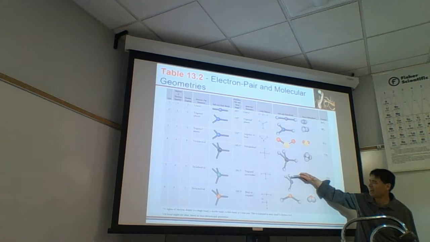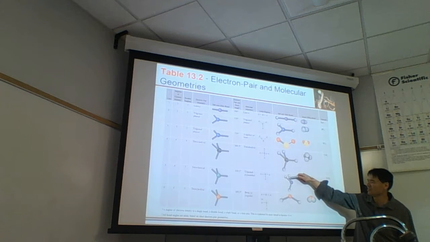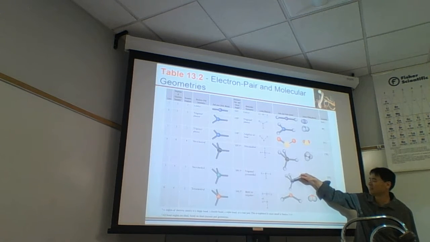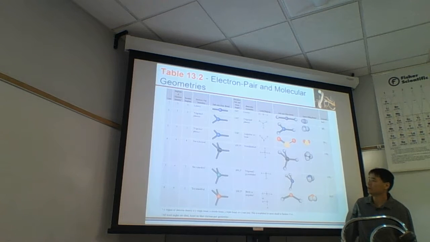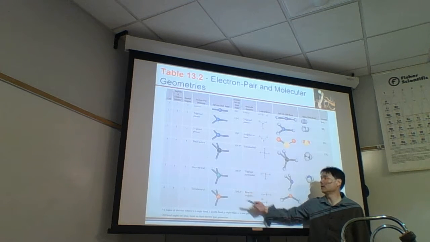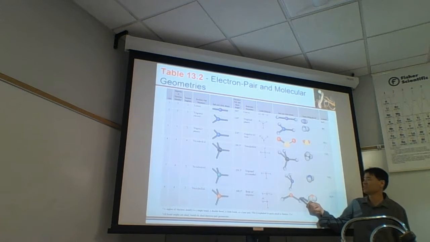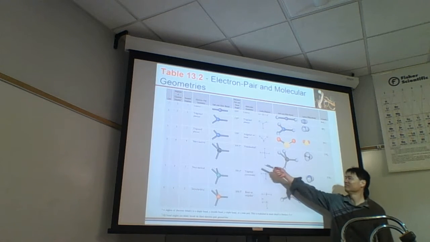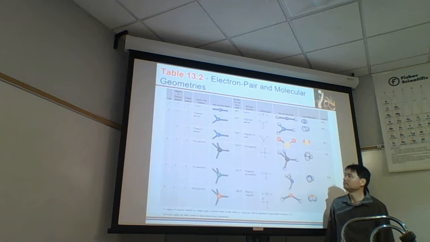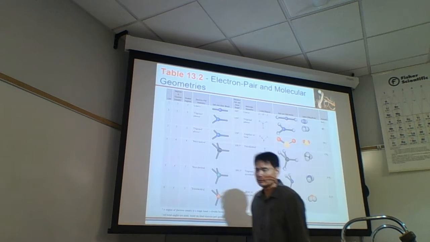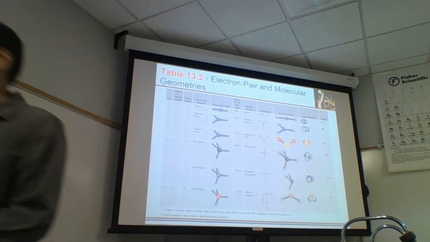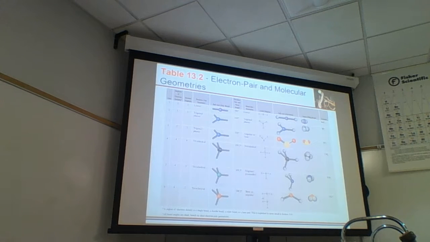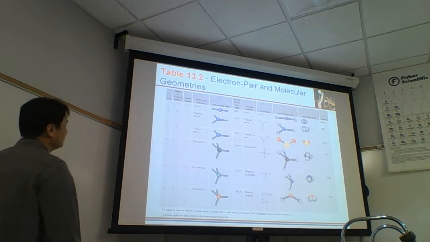So when we look at the atoms, the shape of the bonded atoms that results, this is the MG. The EPG is the shape of the groups of electrons, the MG is the shape that the atoms make. Sometimes they're the same, sometimes they're different. We'll just run through these quickly here, then we'll do some examples.